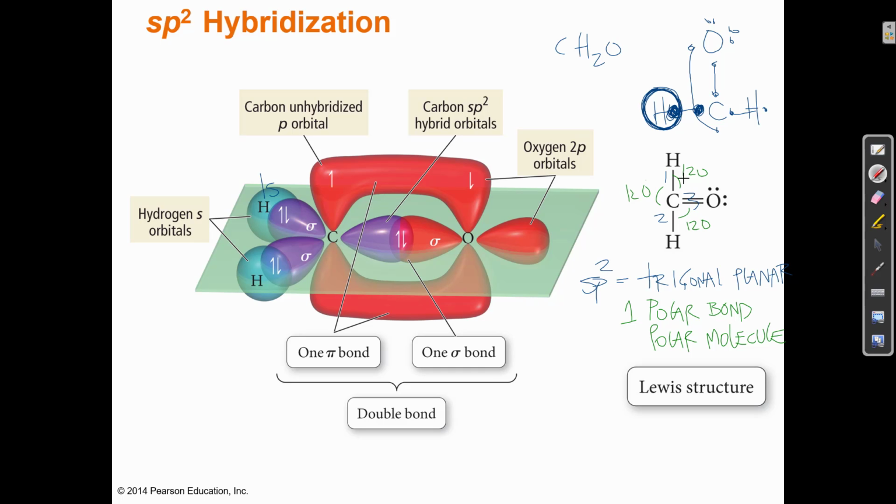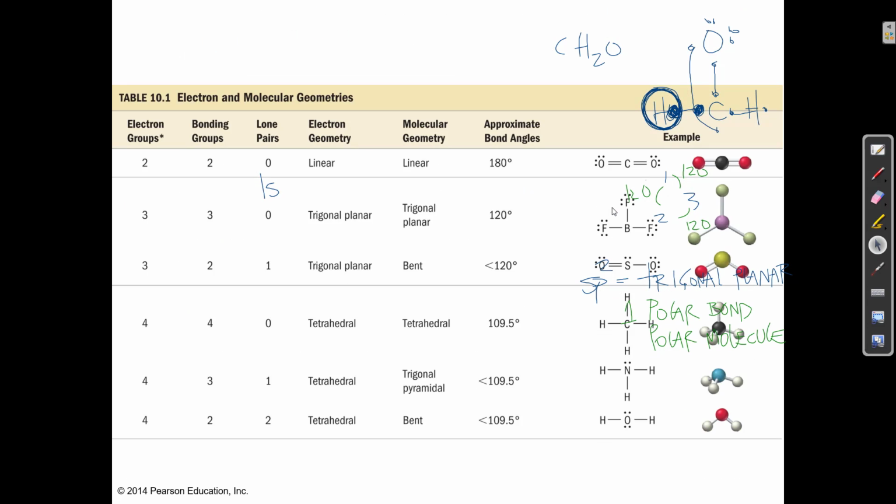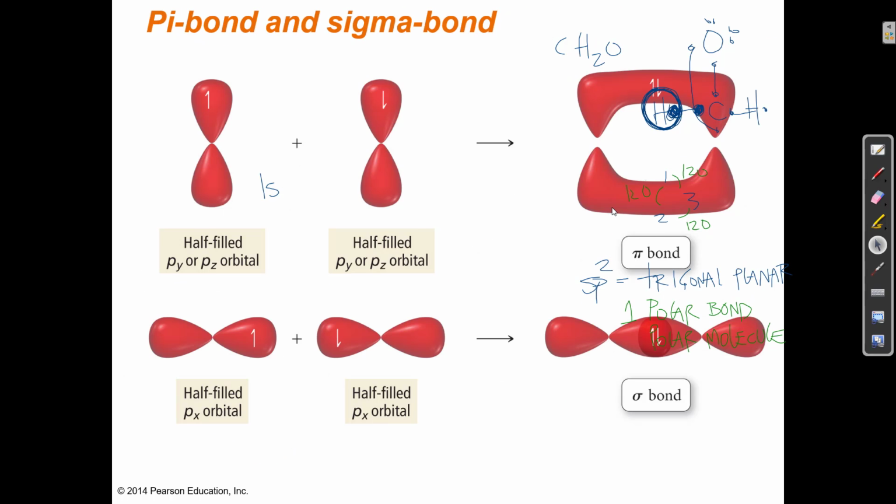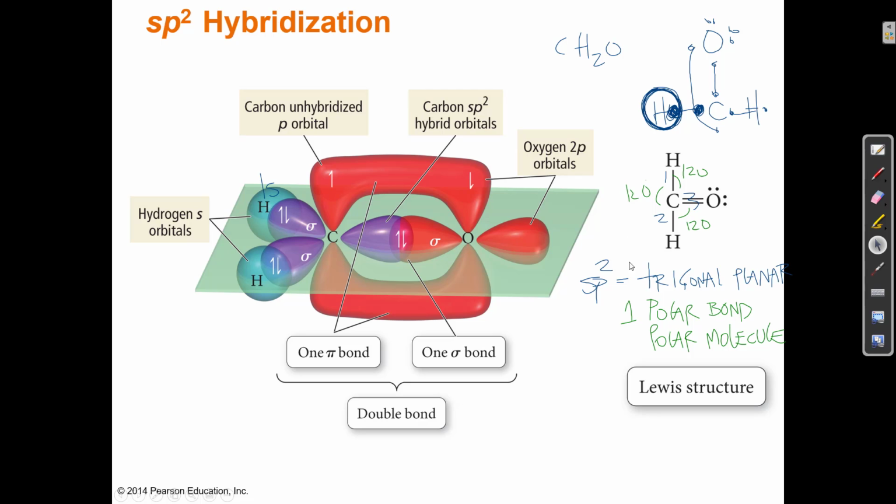So if I know that this is trigonal planar and I know that the bond angles are 120 degrees, then I know that sp2 hybridization also gives me bond angles of 120 degrees, because those 3 sp2 orbitals can separate by 120 degrees, just like trigonal planar geometry.